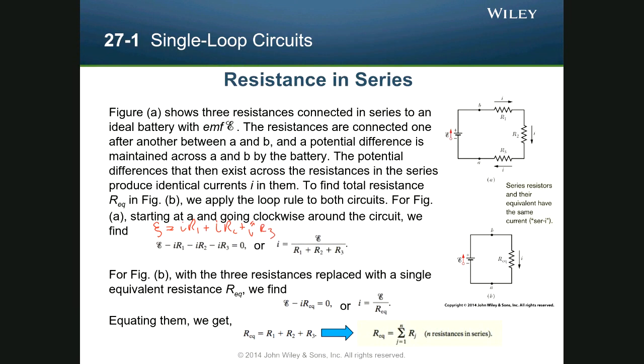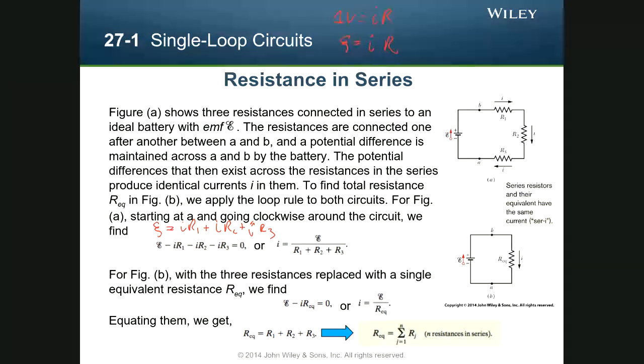And I say that because either way you want to look at this, it's either delta V equals IR or EMF equals IR. Either way you look at it, that's what you're getting. So that's what we're able to say, and that's kind of the last part of the slide. I'll go over the equivalence part again too.